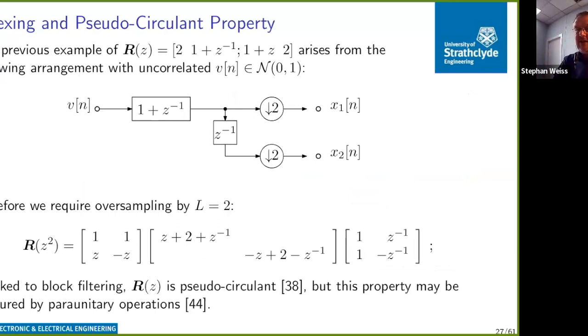So the matrix that you had on the previous slide basically emerges through sending an uncorrelated unit variance signal through a simple filter, then demultiplexing the output and building the covariance matrix from these two signals x1 and x2. So it's multiplexing of signals that causes problems.